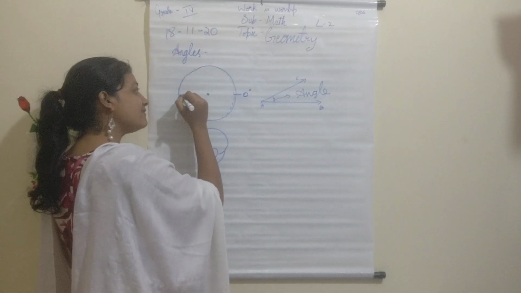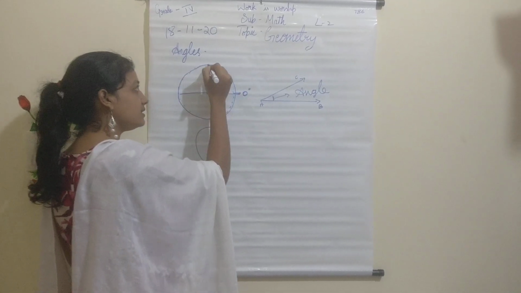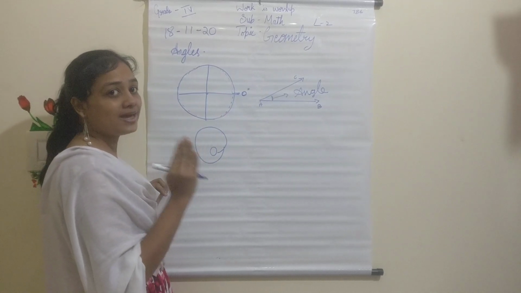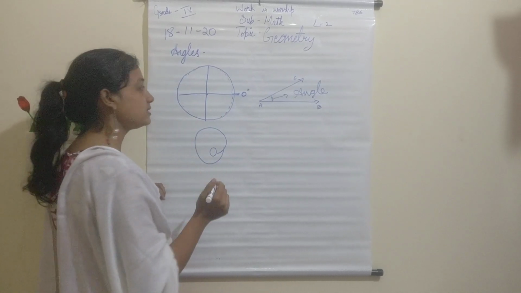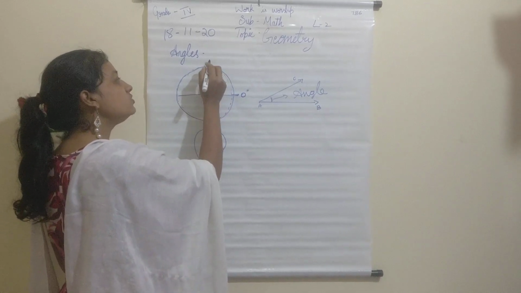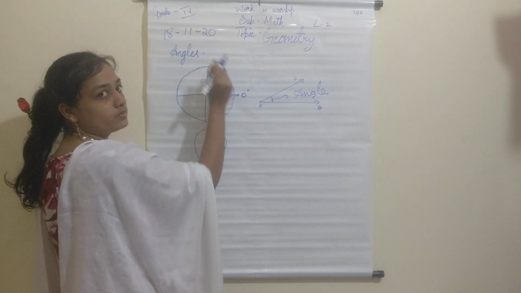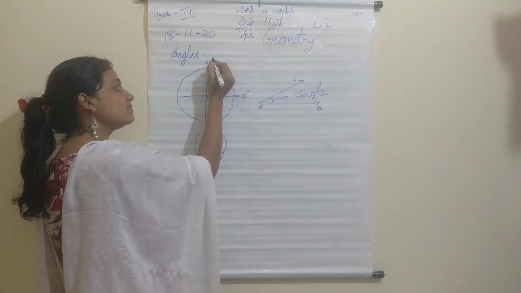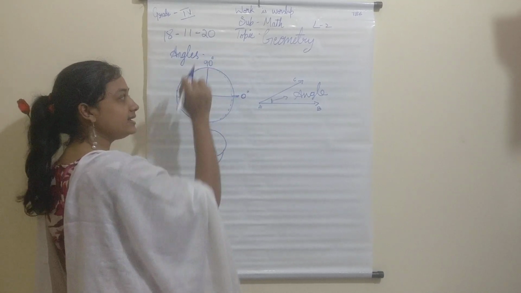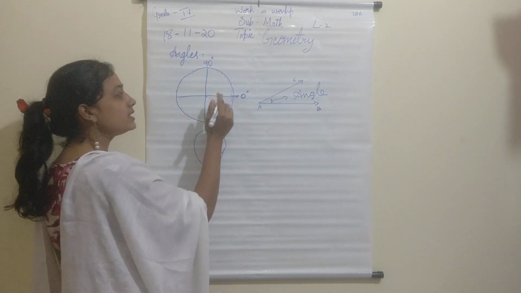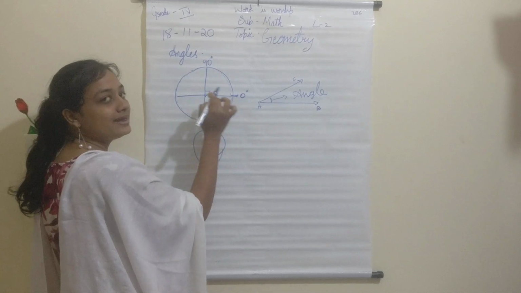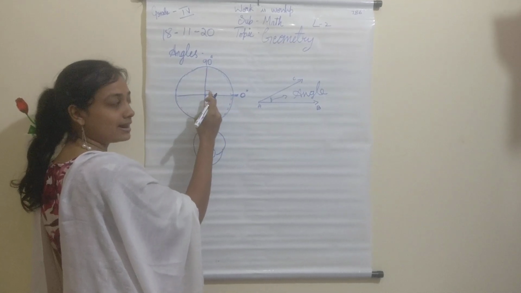And when I divide this circle into 4, I get 4 main angles or degrees. The one which comes directly after 0 will be 90. This is 90 degree. You can see an L shape, that is intersecting line or perpendicular line.